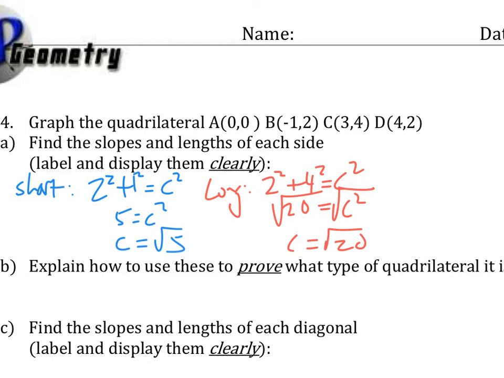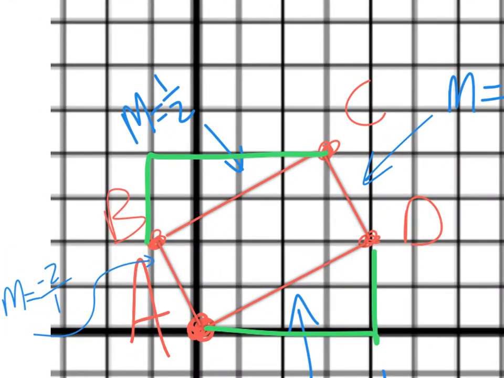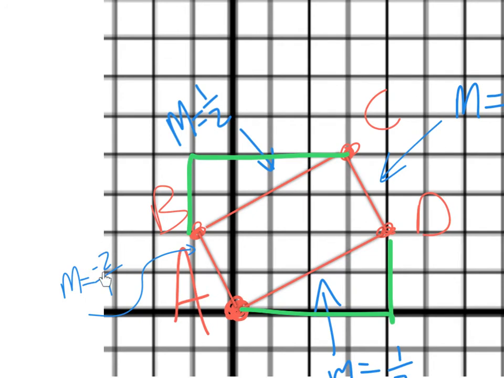Okay? So this shows us it's a parallelogram because opposite sides are congruent. And the fact that the slopes are negative reciprocals. These are negative reciprocals here. We've got negative 2 over 1 and 1 over 2. They're flipped and they're opposite. That means these sides are perpendicular, so we can say this is a rectangle because we showed this. If you don't show this, you can't just say that's 90 degrees. You got to show the slopes are negative reciprocals.